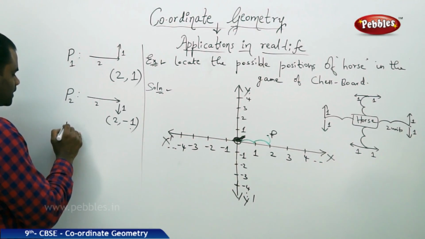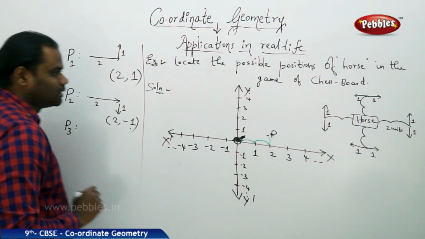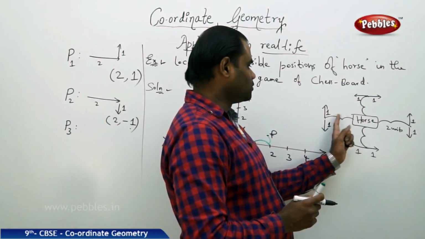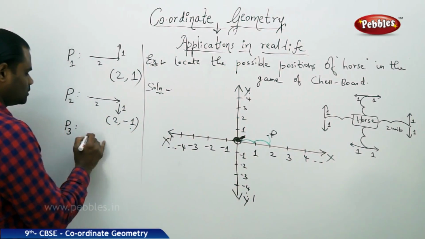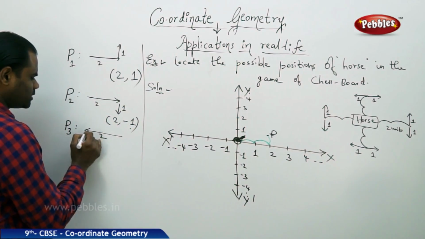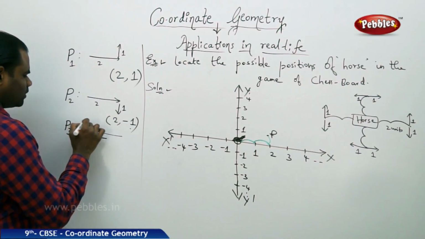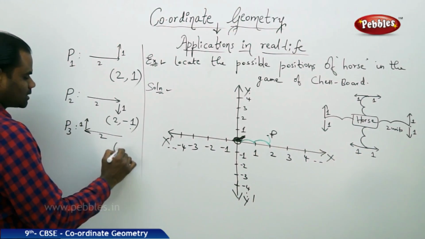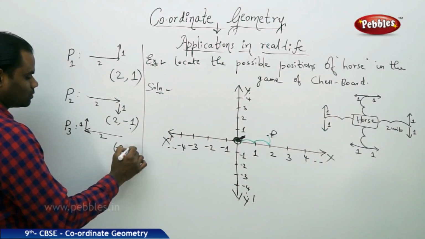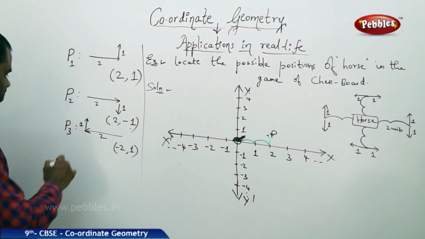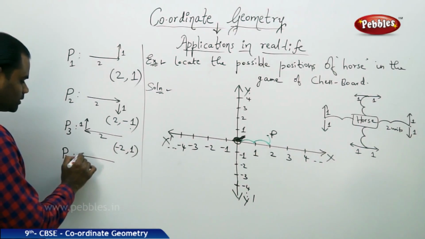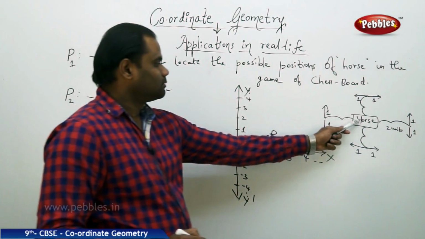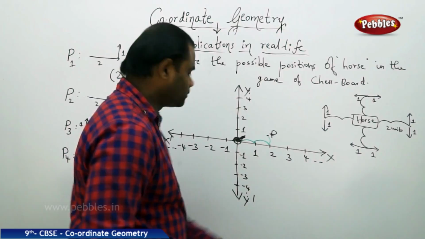Similarly, my P3 is when the horse moves 2 units left and 1 unit up, and this comes out to be -2 and 1. Coming to P4, the horse moves 2 units left and then 1 unit down.